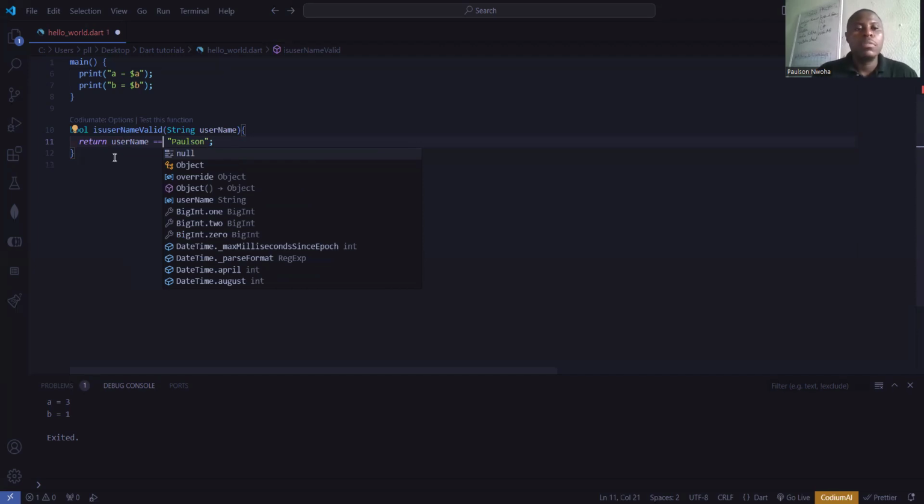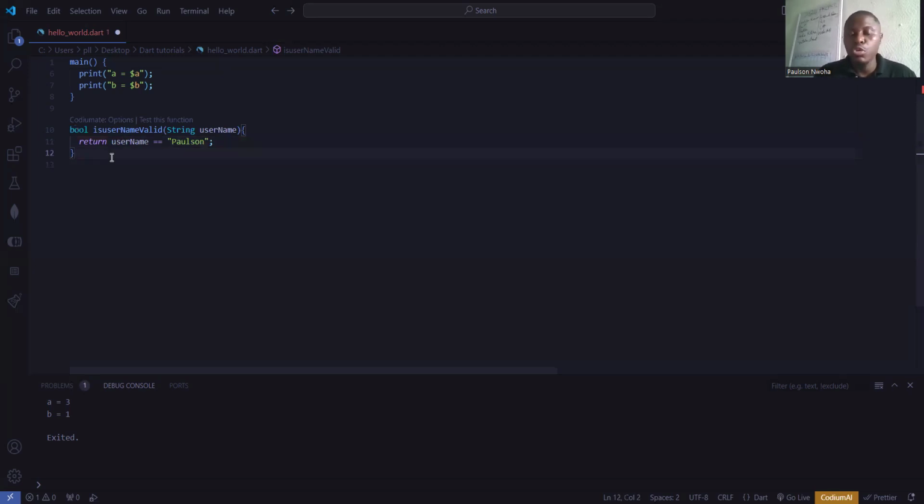This is a good one, it is just doing only one thing. But it will be very bad if I now say isUsernameAndPasswordValid. It is wrong. You can do this, but it's not recommended. It's not a good practice. Your functions should do only one single thing. Right here, I am not only checking the username.